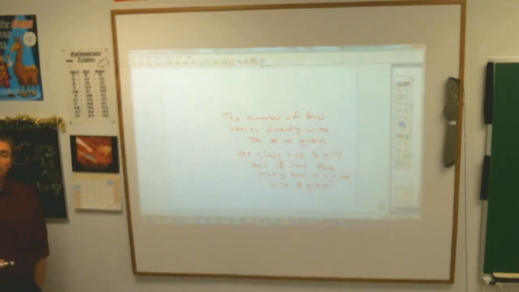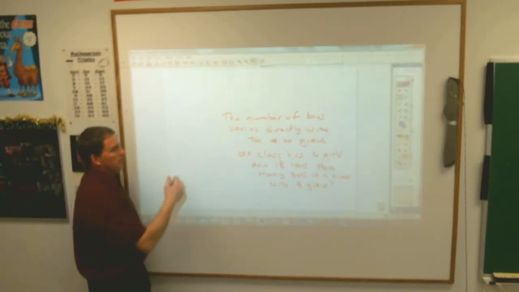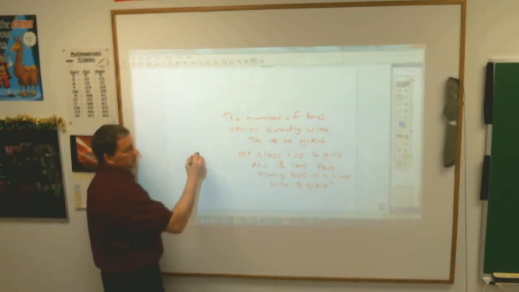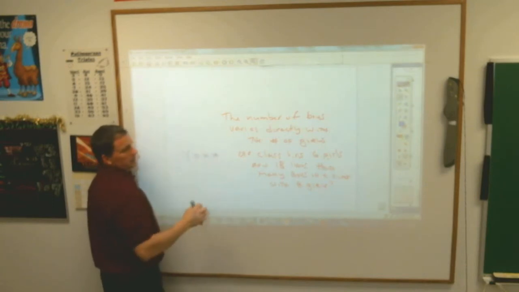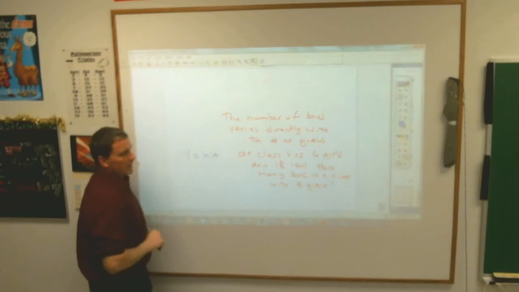Now, a couple ways you could figure this out. Well, you could do it as a ratio, but since we're talking direct variation, where y equals k times x, the number of boys varies directly with the number of girls.